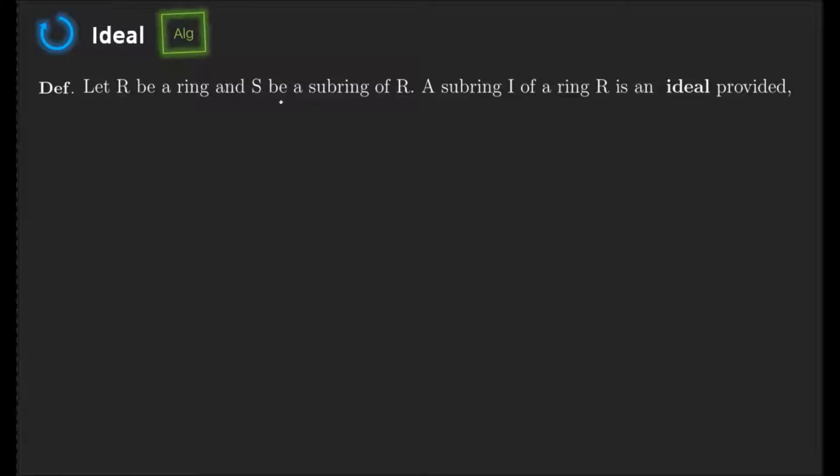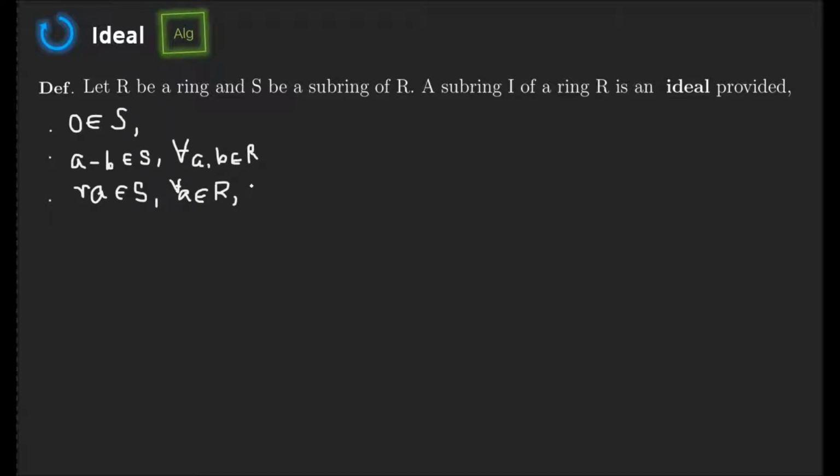Let R be a ring and S be a subring of R. See this definition here: 0 is clearly in S, a minus b is in S for all a, b in S, and ra is also contained in S, where a is an element in S and r in R. When this is satisfied, S is a subring of R.